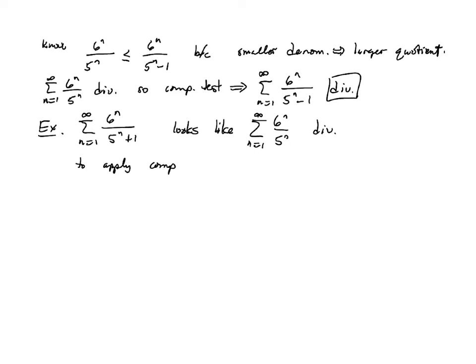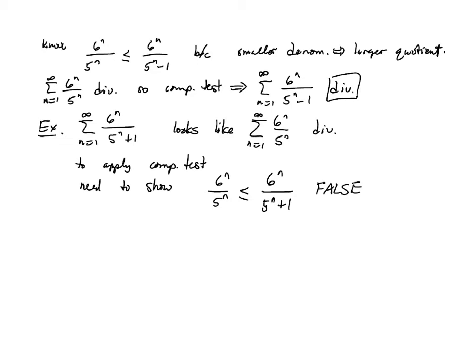we would need to show that 6 to the n over 5 to the n is less than or equal to 6 to the n over 5 to the n plus 1. And that's just not true. When you increase the denominator, you decrease the quotient.